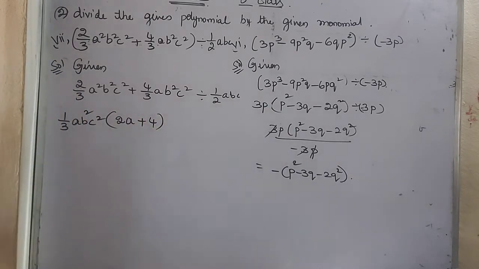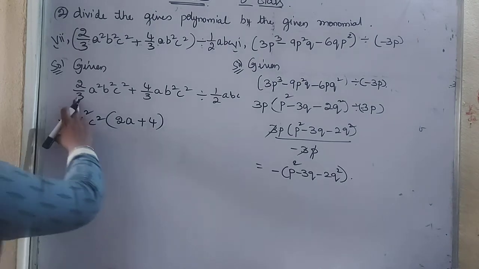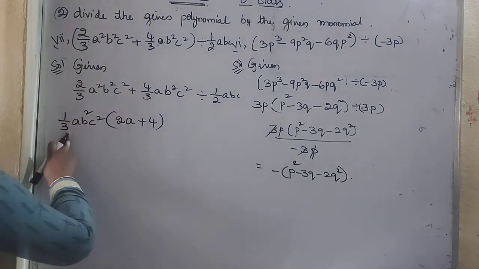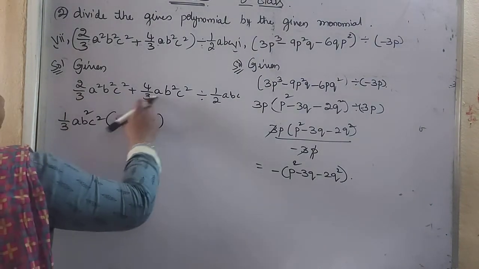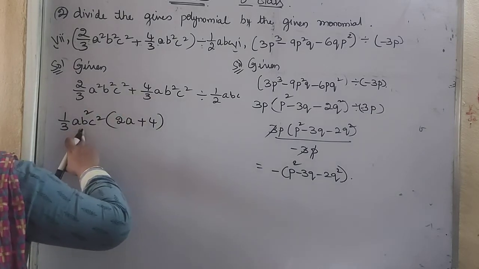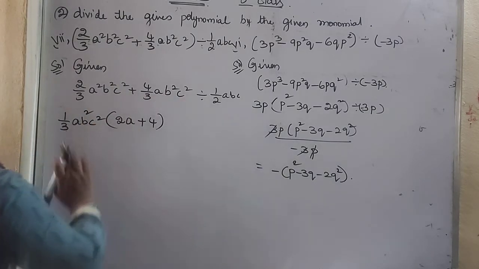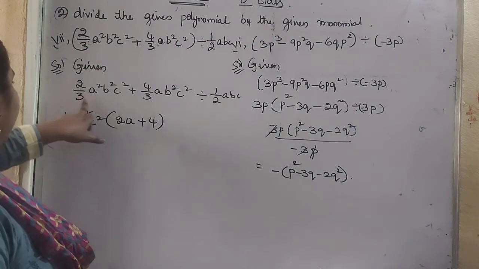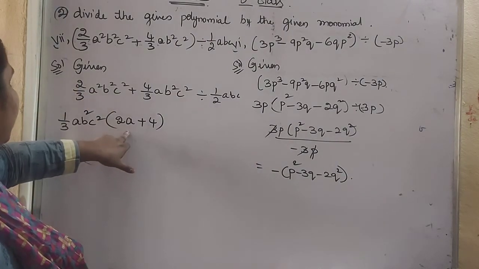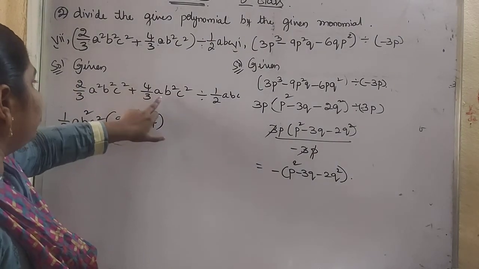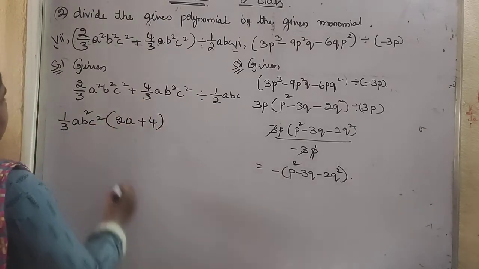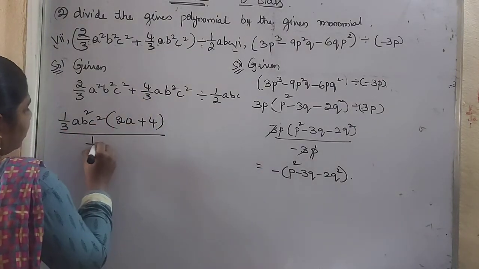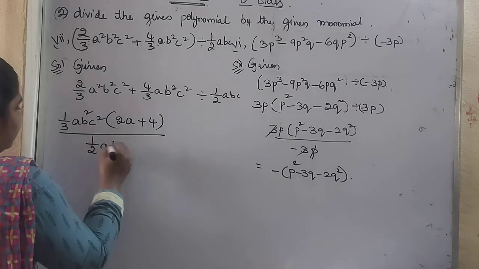So these are the common terms we have taken from these two terms: 1 by 3, a, b square, c square. So in this, the remaining terms are 2a, plus here only 4 is remaining, divided by 1 by 2 abc.